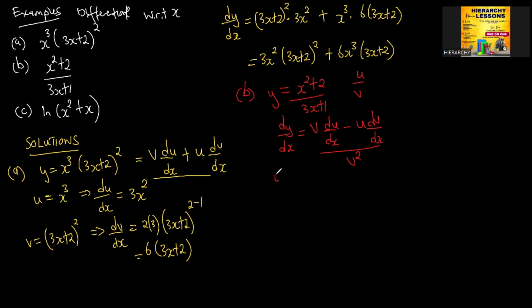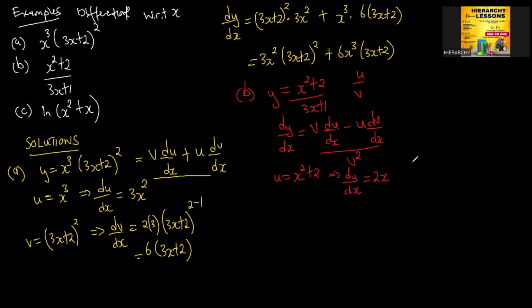Our u is equal to x squared plus 2, which means du/dx is equal to 2x. If we find the derivative of x squared plus 2, x squared will give us 2x, then the derivative of 2 is 0. So du/dx is 2x.